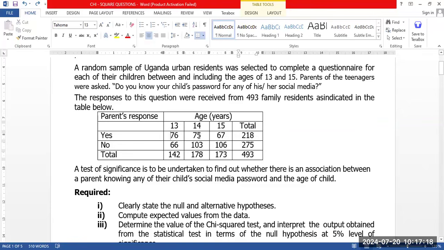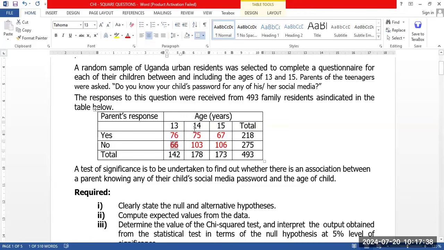So this is the observed data, what you have. This is the observed data. For children with 13 years, you observed yes as 76, then no as 66.